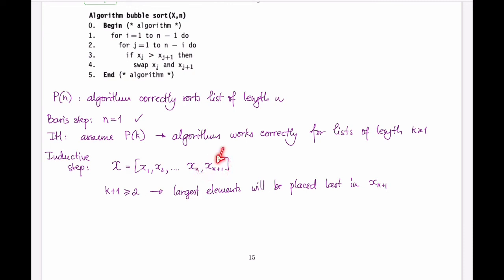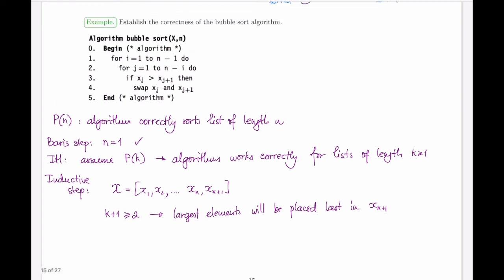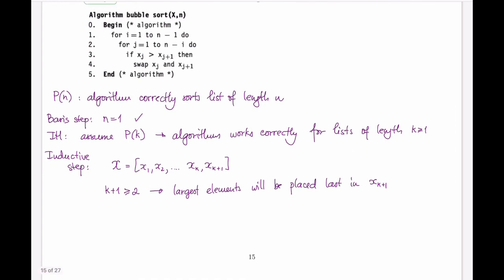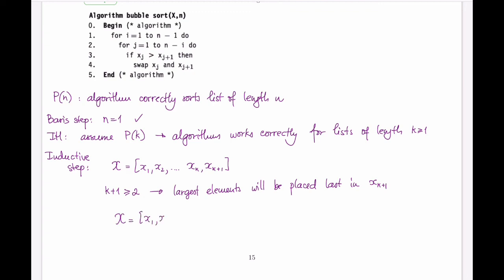So this is where the largest element will go. So what does my list look like now? Remember, in the bubble sort, at every single step, I actually change up my list, so the order changes. If it placed the largest element in the last spot, what I'm going to have now is x1, x2, and so on, xk, and then whatever element was the largest.